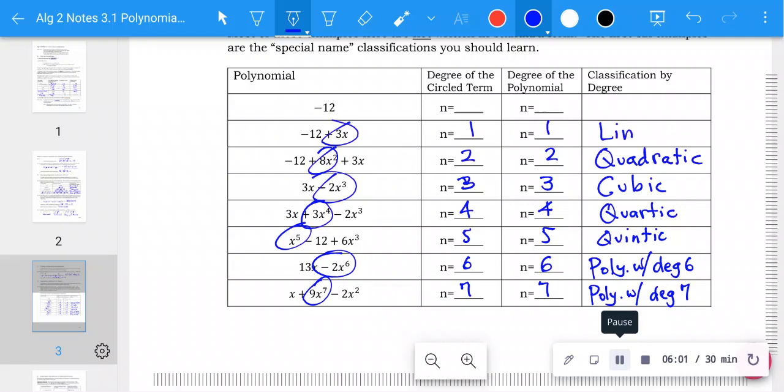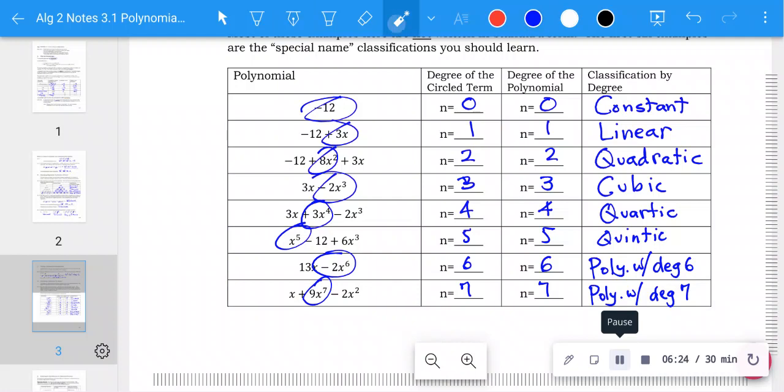Oh, finally, something that doesn't have Q in it, or even something with C that sounds like a Q. But then when there's no variables, it's constant. So those are the classification words you use when it asks you to classify by degree.